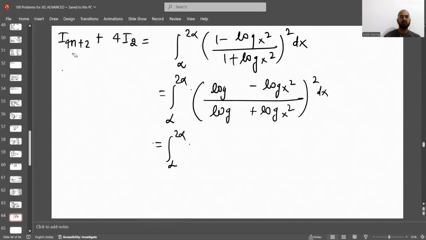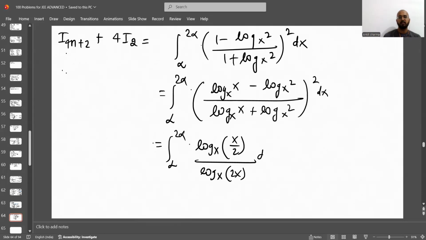Base x, so log x base x will do the job here and here also. So I can have here log x, and then this will be what? x by 2, and then here log again x, and then 2x.